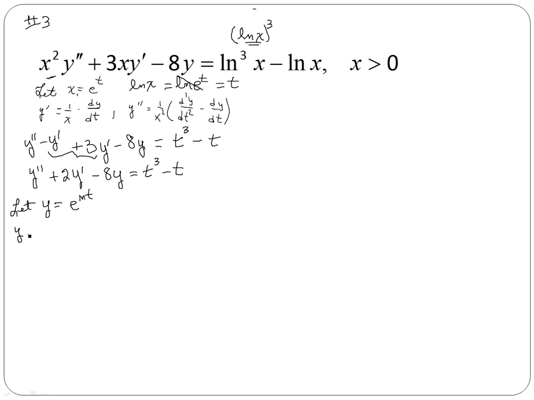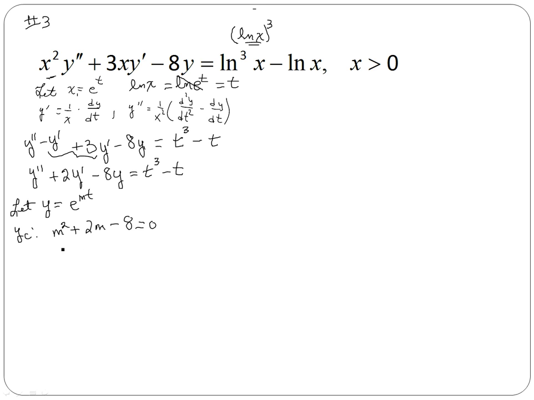and to find our characteristic solution, substituting in and then factoring out e to the mt from each term, you'll be left with what's called the characteristic equation, m squared plus 2m minus 8 equals 0.